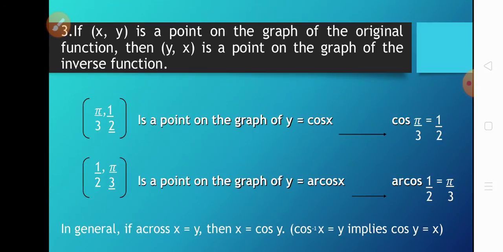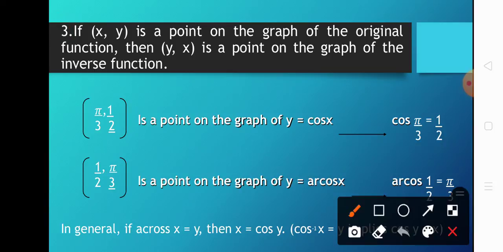Third, if (x, y) is a point on the graph of the original function, then (y, x) is a point on the graph of the inverse function. So (pi over 3, 1/2) is a point on the graph of y equals cos x.